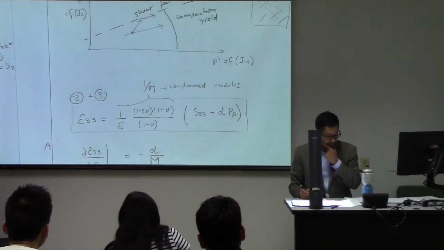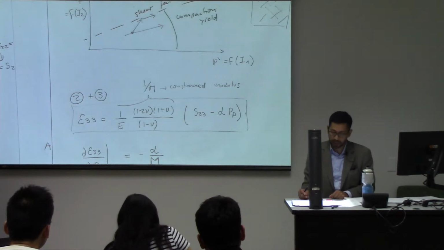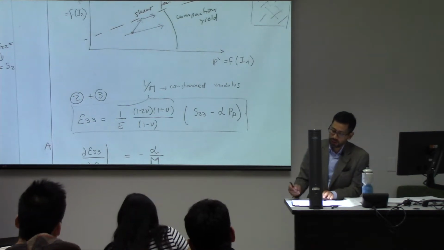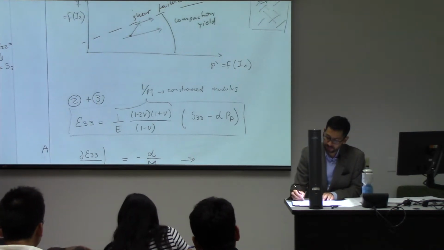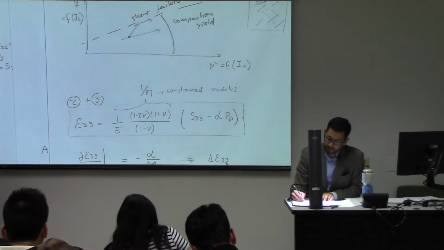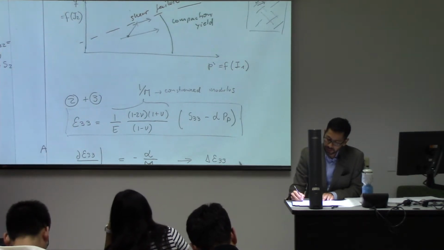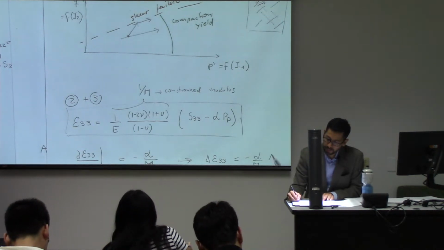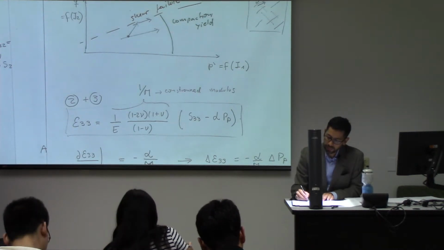So that's how you obtain what is the strain. And if I were to make this simpler, delta epsilon will be equal to minus alpha over m delta pp.